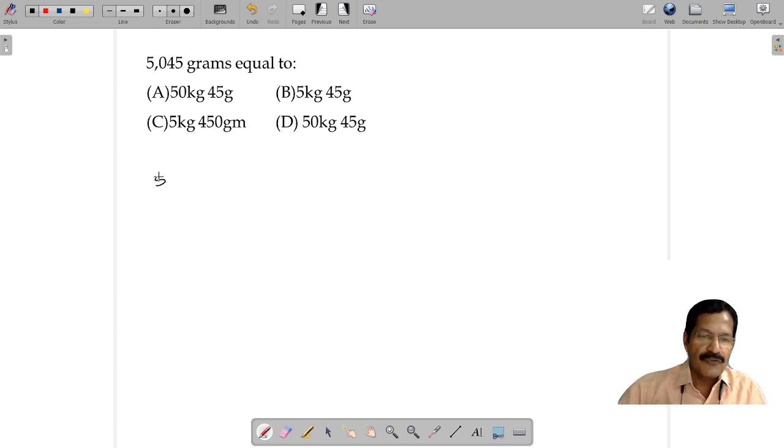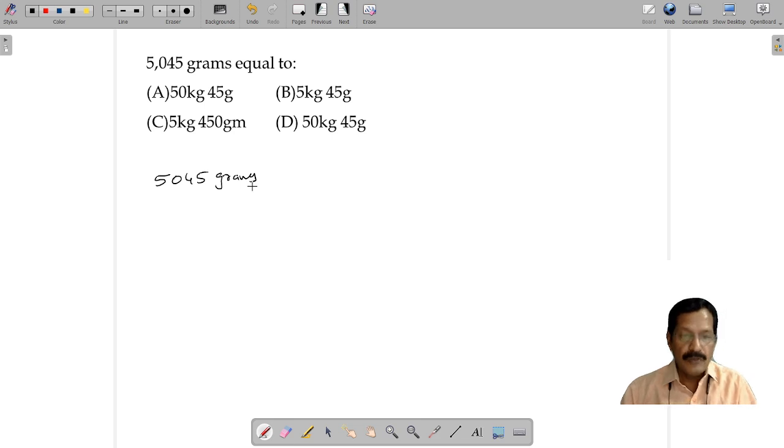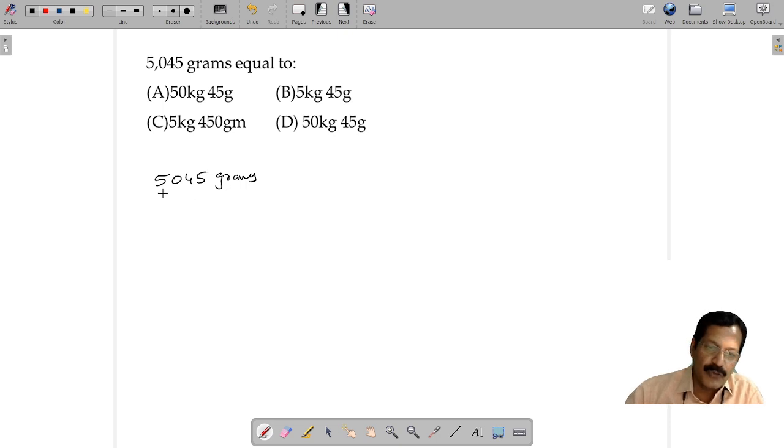Now here it is 5045 grams. Dear children, you know that 1 kilogram is 1000 gram. So 5000 gram means 5 kilogram. Then 045, so 45 gram only. So it is 5 kilogram 45 gram. So option B is the correct answer.